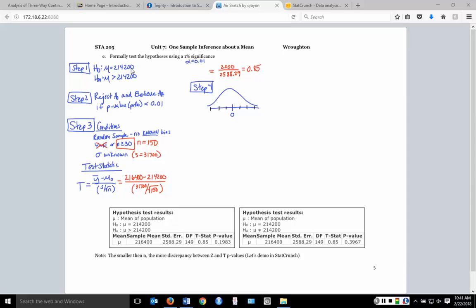So my t was 0.85. That's going to be about right here. And then going back to step 1, I usually ask myself, am I doing a one-tailed or a two-tailed test? We're only looking in one direction, so it's going to be a one-tailed test. More specifically, it's when we're looking for that greater than, which means we're going to shade to the right.